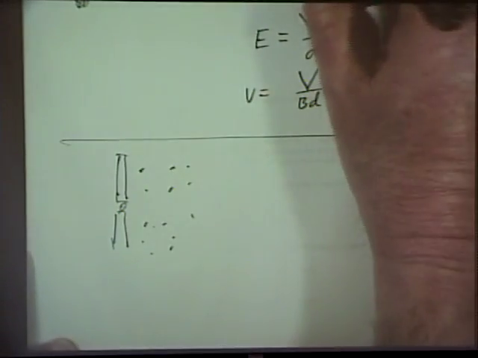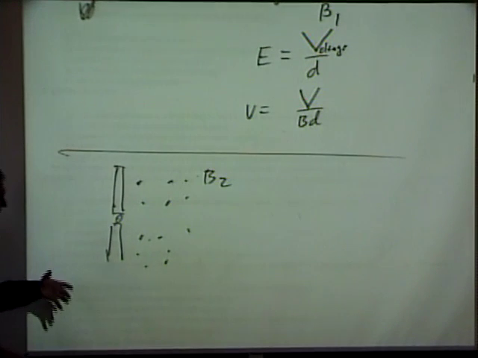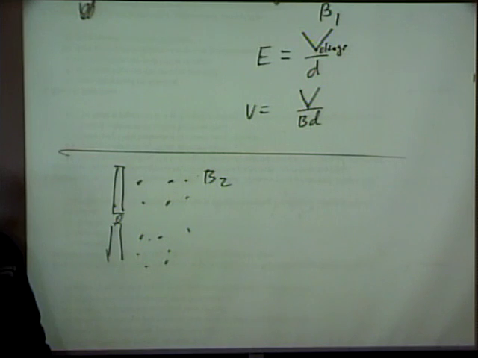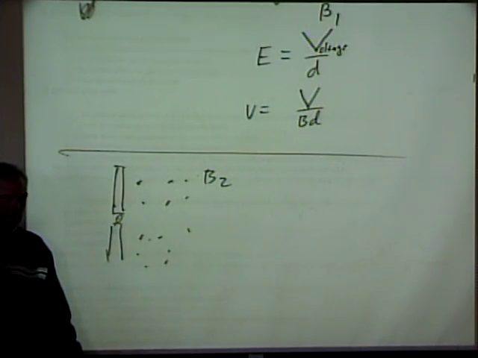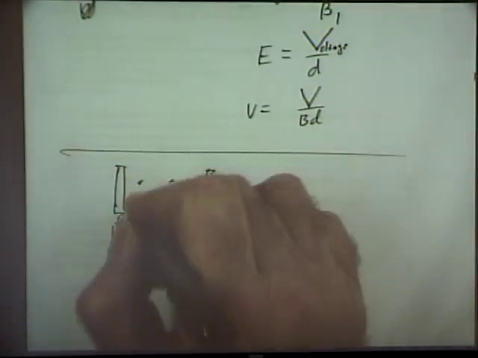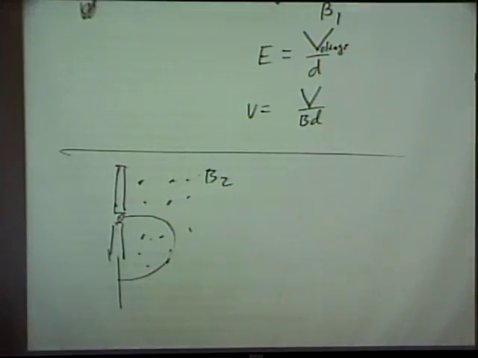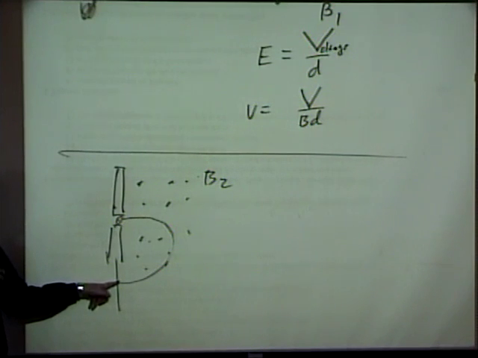This one is B1. And this is a uniform magnetic field of B2. Which way is this magnetic field going? Out of the board. It's coming at you, right? And this guy is going like this. So when this guy comes through here, which way is the force going to go? Down, right? So he's going to come flying through here, and it's going to go down, and it's going to curve around, and bang, hit a detector right here. Every time it hits that detector measures its mass, so we know what kind of molecule it is.